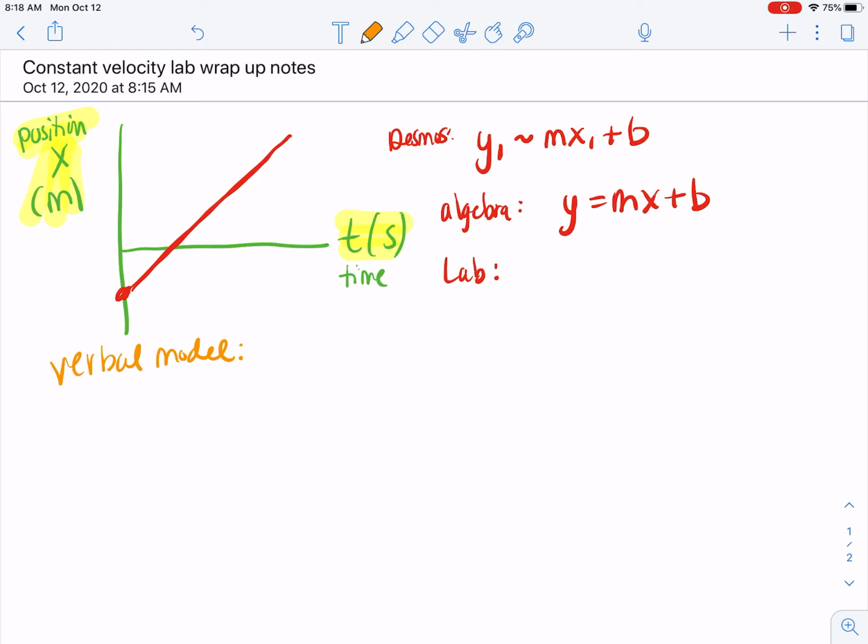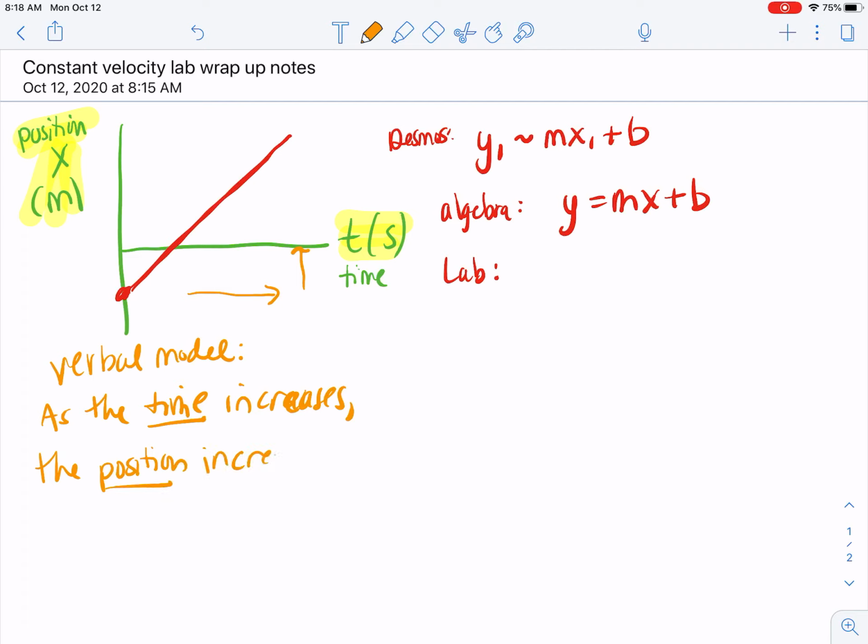And you almost always write it this way. As the x thing increases, the y thing does whatever it does. So as the time increases, that's my x variable, the position increases, and we want to make some kind of notation that this is a line.